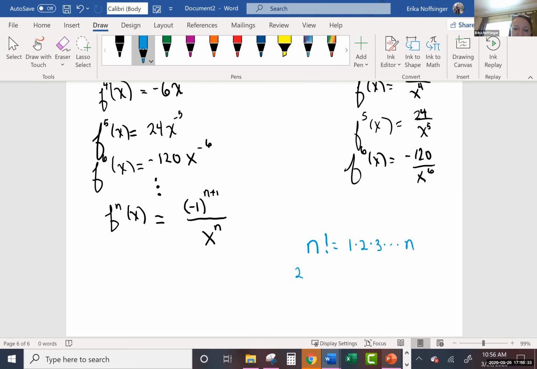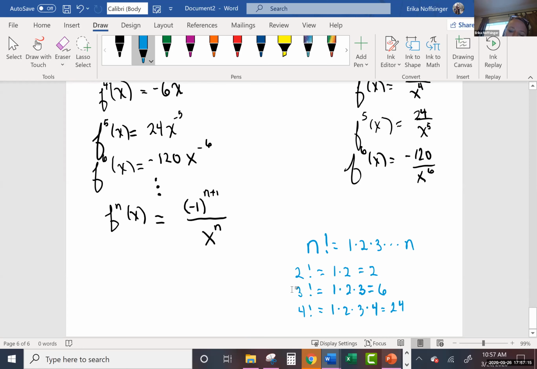For instance, 2 factorial is 1 times 2, which is 2. 3 factorial is 1 times 2 times 3, so I take the number above, 2, and multiply by 3, which gives 6. 4 factorial is 1 times 2 times 3 times 4, so I take the number above, 6, times 4. This is 24.